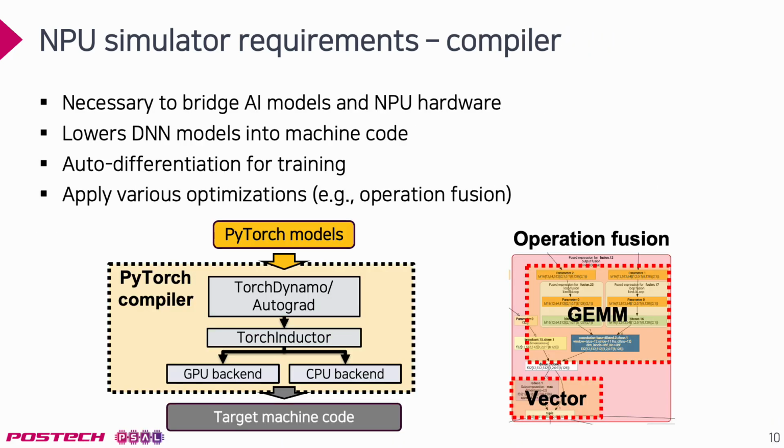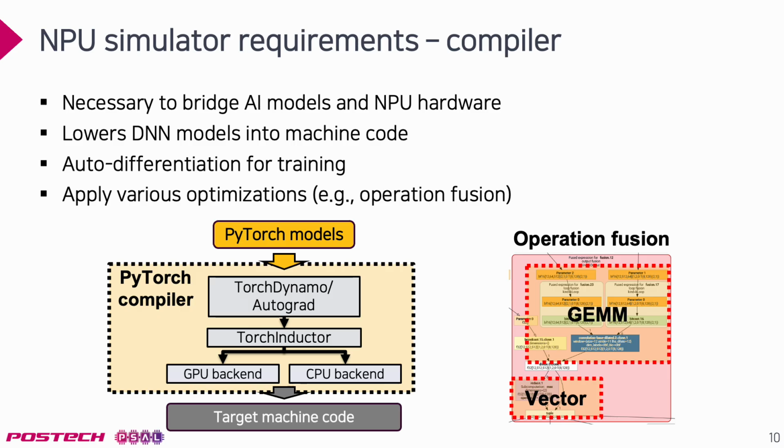So far, I focused on the hardware aspect, but in addition, the compiler can have a significant impact on the overall system performance. Modern ML frameworks support compilation capability, and its job is to take the AI models, like PyTorch or TensorFlow models, and progressively translate them into lower level representations until you arrive at the target machine code binary.